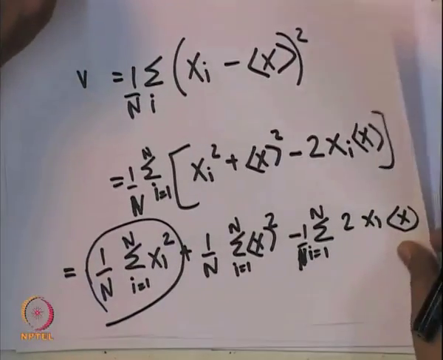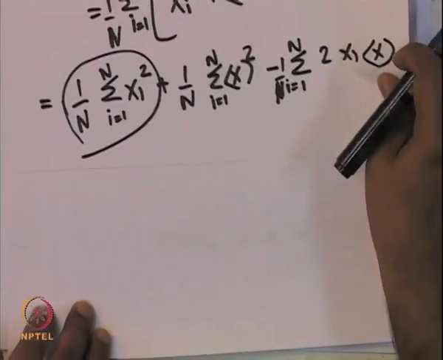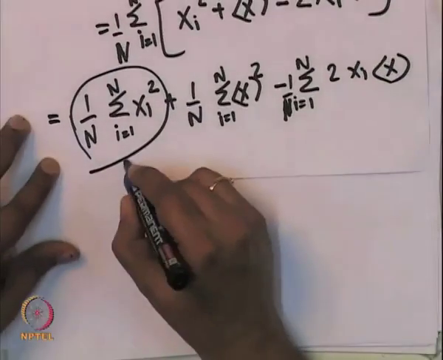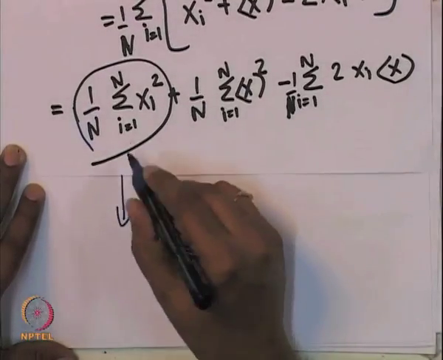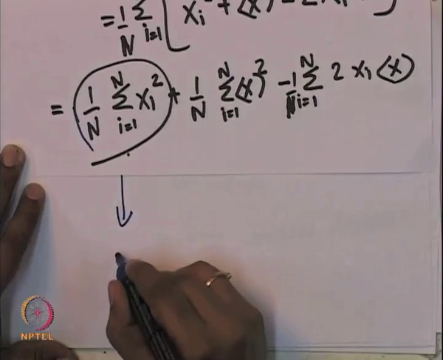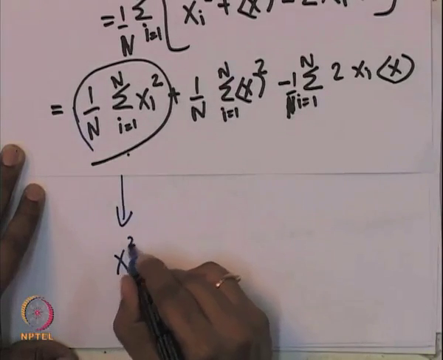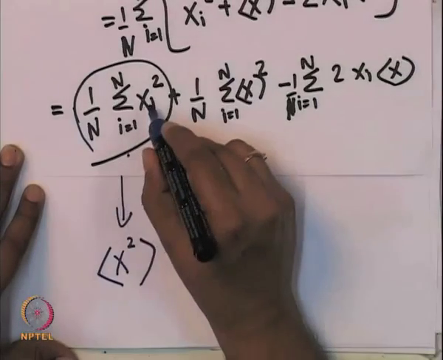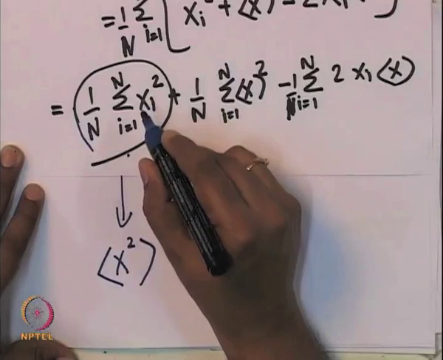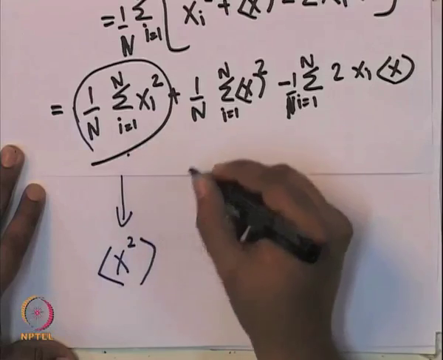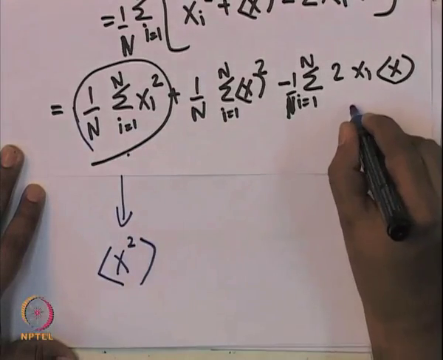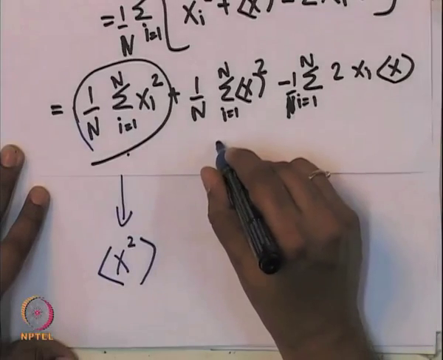This particular term can be written as x square average, because this is x1 square plus x2 square plus x3 square and so on, the whole thing divided by n. So this is x square average. Now let us take the next term.